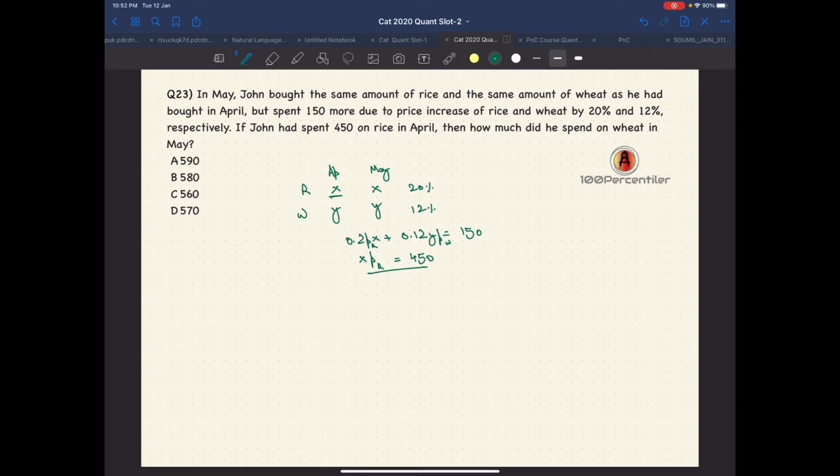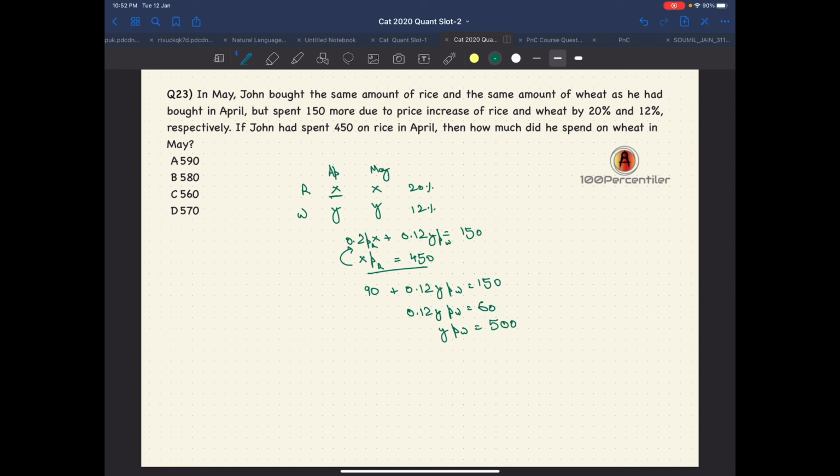So putting this value here, 0.2 into 450 is 90 plus 0.12 YPW is 150. Therefore 0.12 YPW is 60 and therefore YPW is 500.